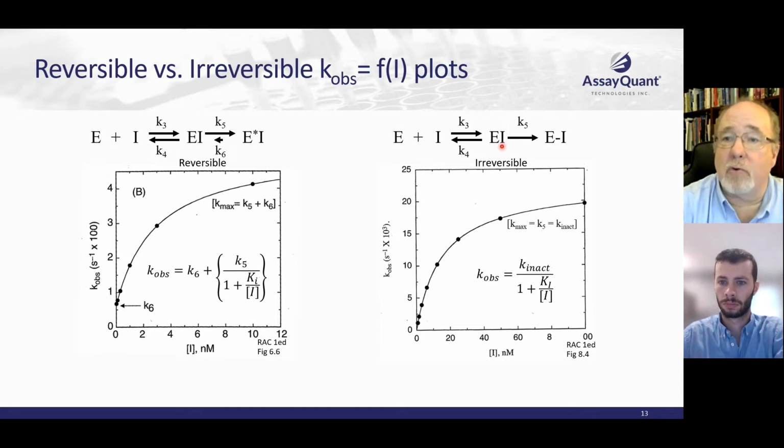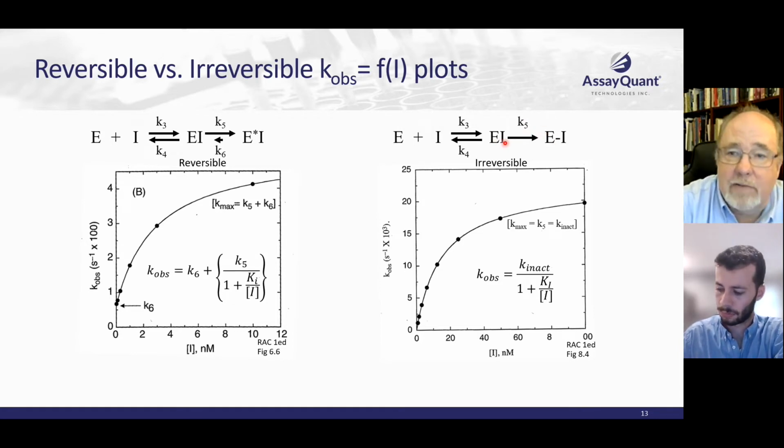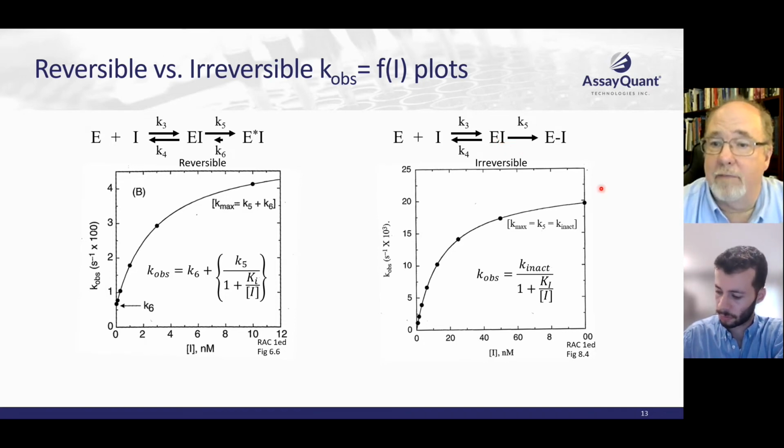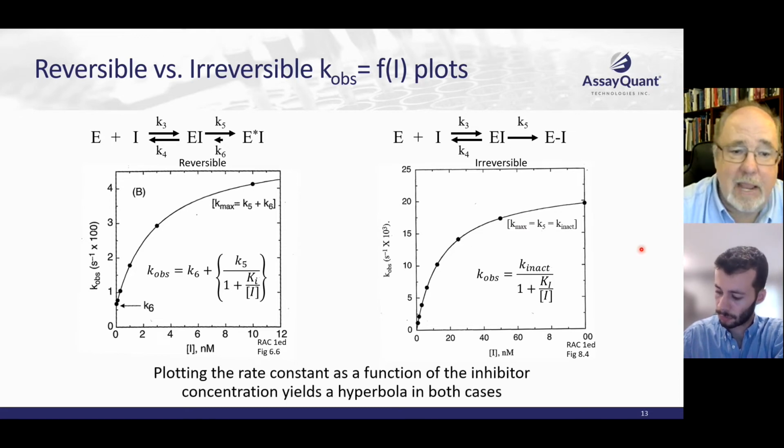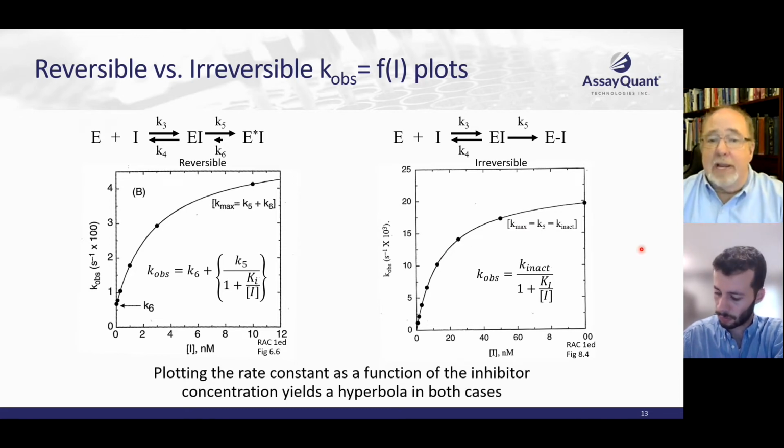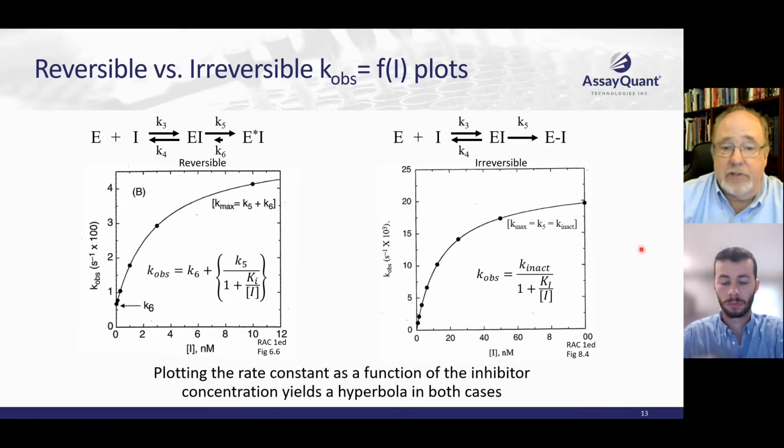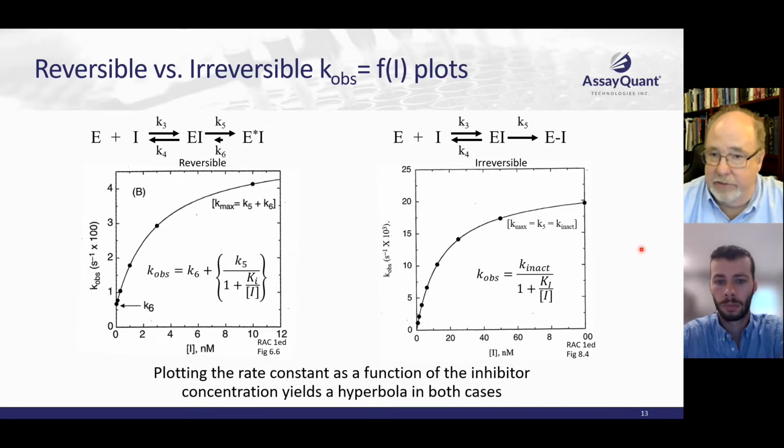That's the rate constant that describes the actual inactivation of the enzyme by the inhibitor, usually through a covalent bond that forms there. And this is the very simple hyperbolic equation for this hyperbola here. Okay? So again, plotting the rate constants as a function of the concentration of the inhibitor gives us a hyperbola in both of these cases.